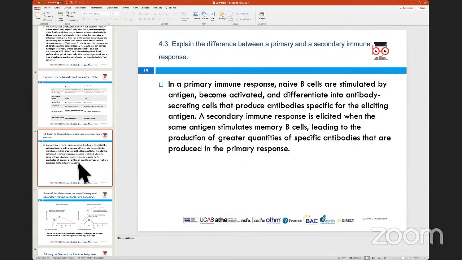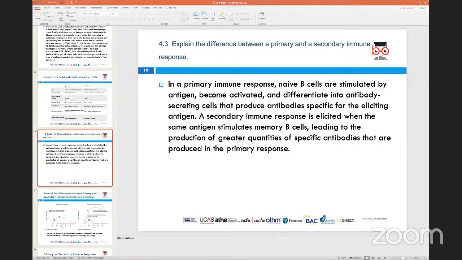Okay, let's go to the next assessment criteria, which talks about the difference between primary and secondary immune response, which is basically the response which the body produces when you start having an infection.